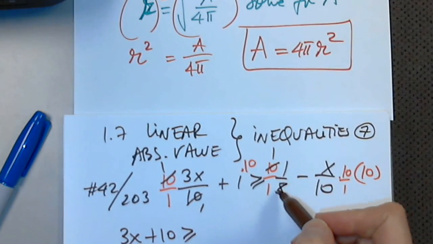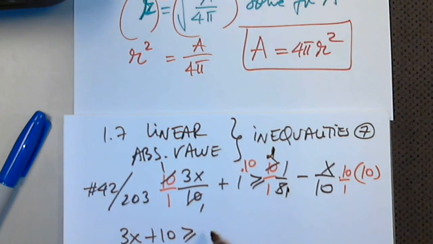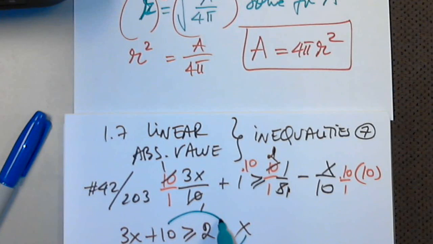Indeed, because I simplify, I get 2 and I get 1. And minus x. So this shows that we should not be afraid of fractions. And when fractions are involved, we can always get rid of them. Okay, perfect. So now both sides are completely simplified. I will move x to this side and we'll move 10 to this side. When I move negative x to the other side, it becomes?